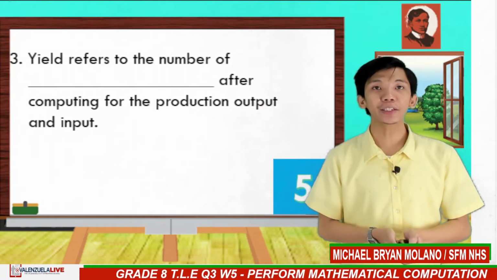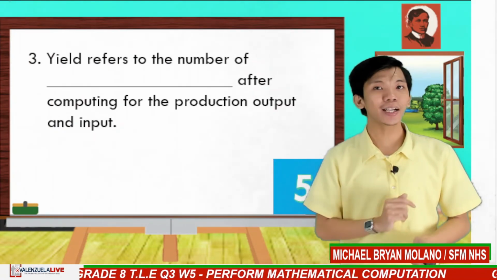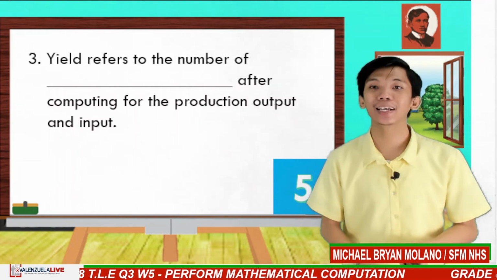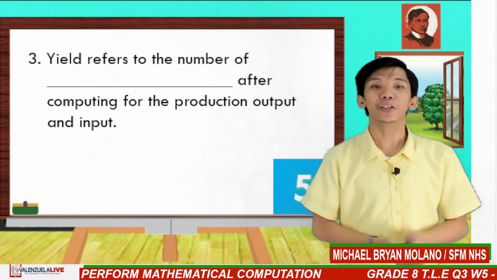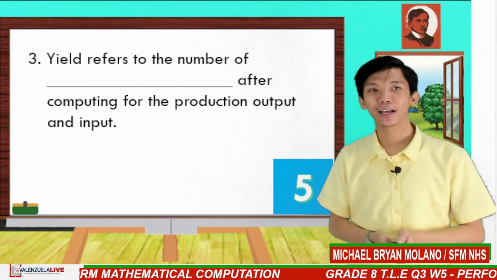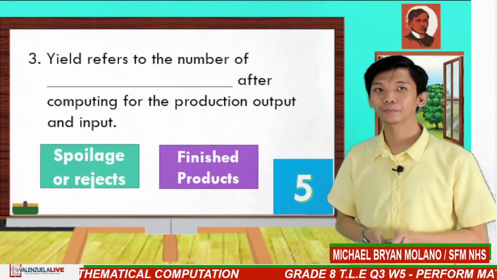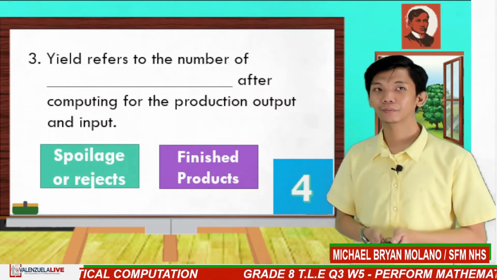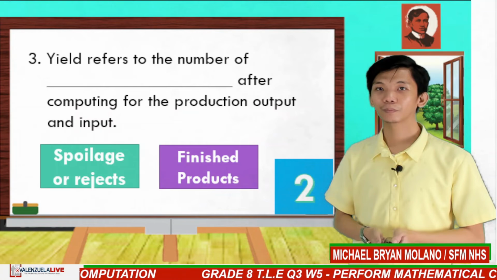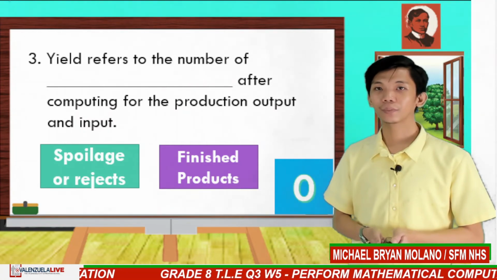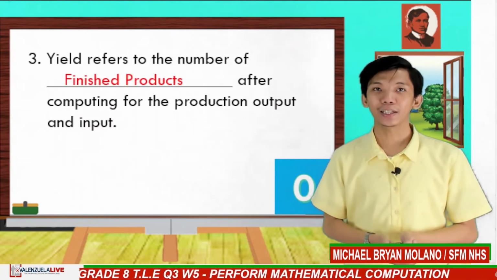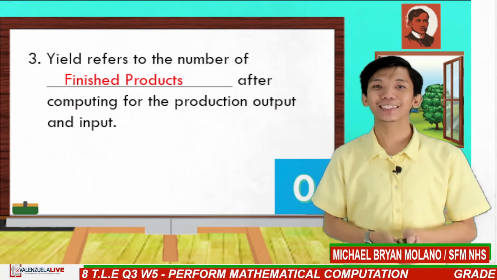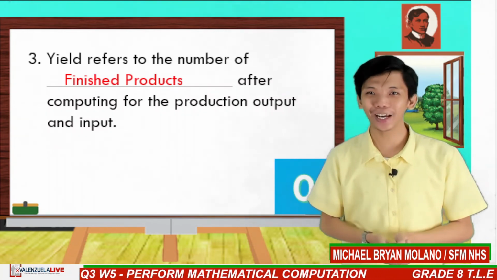For question number 3, yield refers to the number of blank after computing for the output and input. Your timer starts now. Time's up. If your answer is finished products, nice, then you are correct.